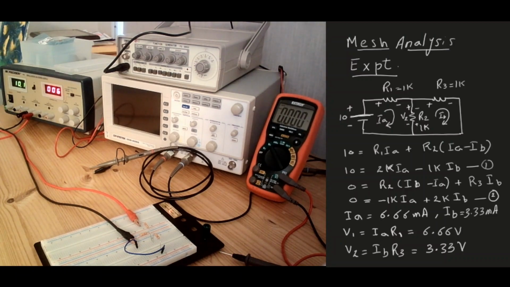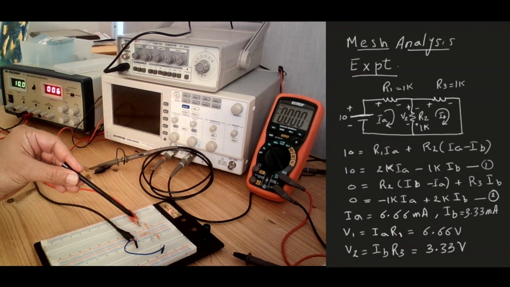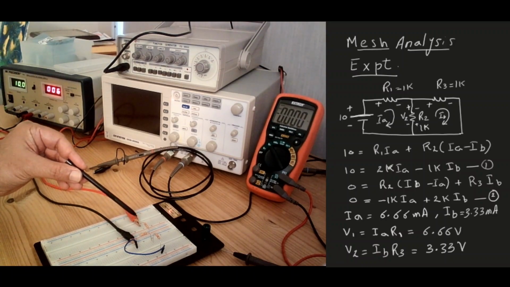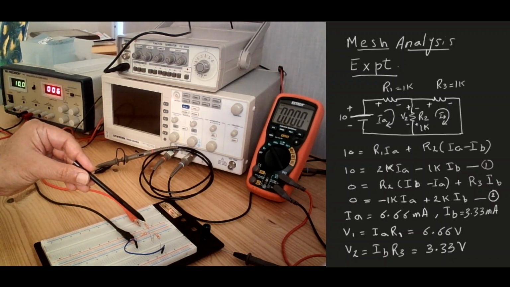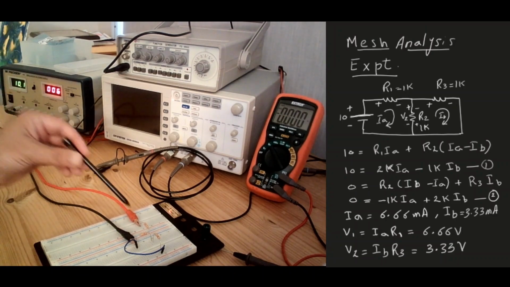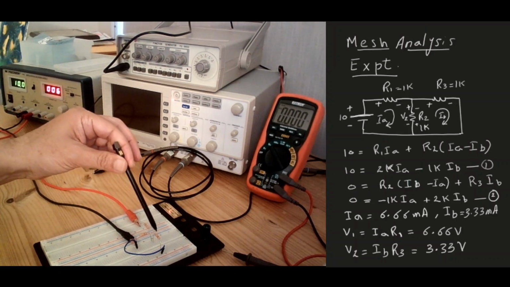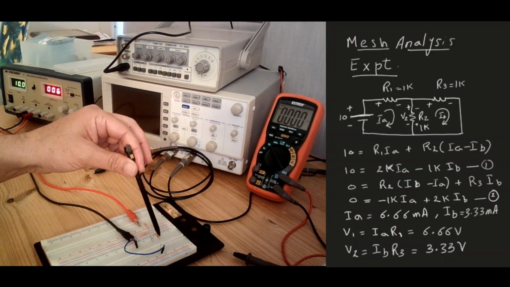The reason they split equally is because R2 and R3 are equal in resistance. So now let's see what we get experimentally. As we can see, we have applied 10 volts from our power supply. This red wire is the positive terminal of the supply, and it is connected to resistor R1. R1 on the other side is connected to resistors R2 and R3.